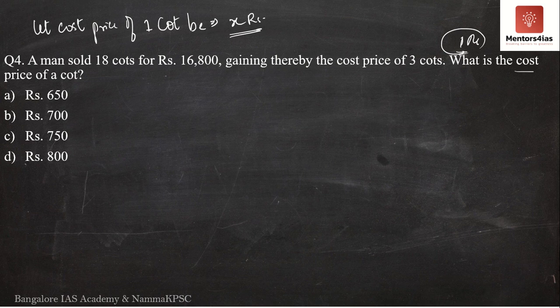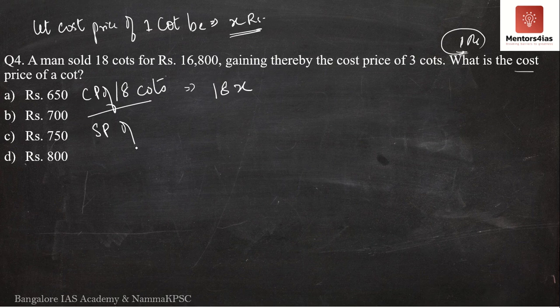Now, if the cost price of 1 cot is x rupees, where we have to determine the value of x in order to answer the question, what will be the cost price of 18 cots? If 1 cot costs x rupees, then the cost price of 18 cots is 18x, correct?